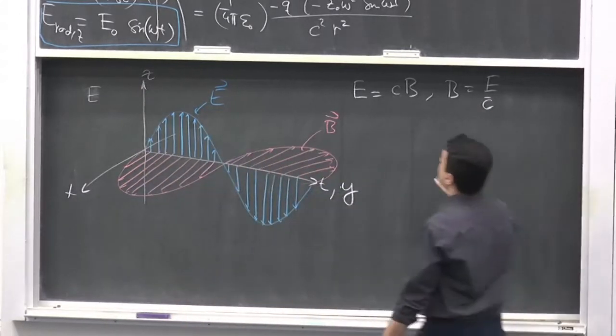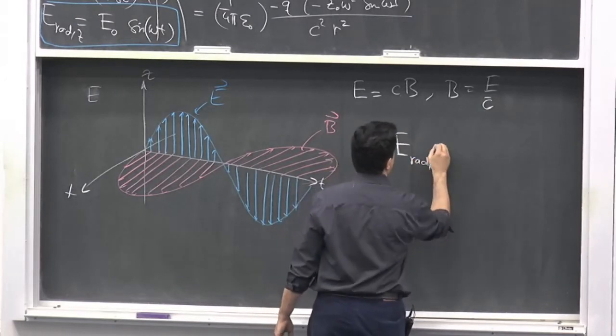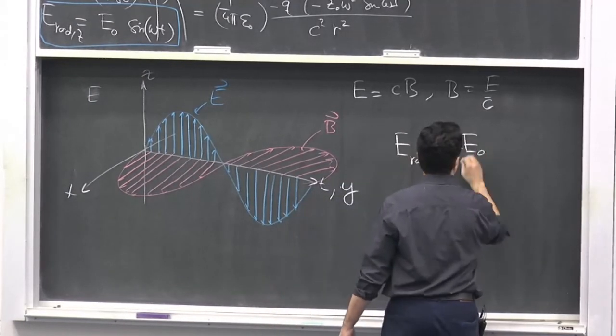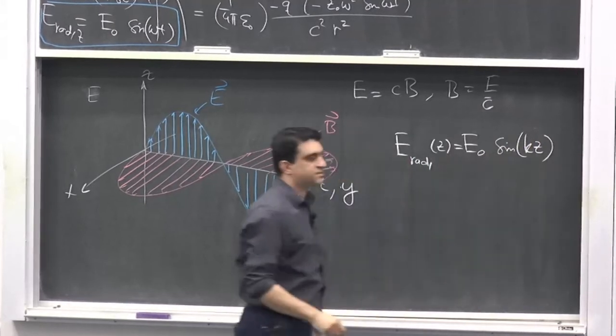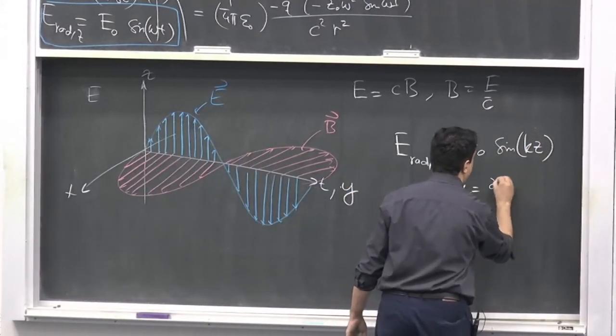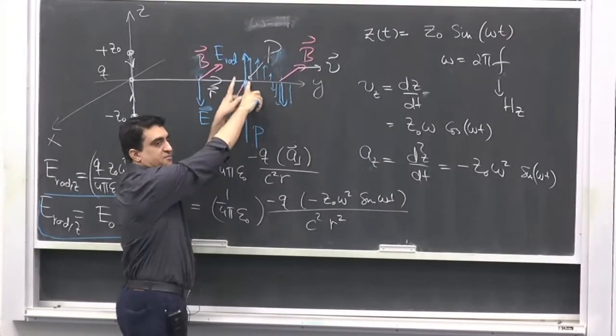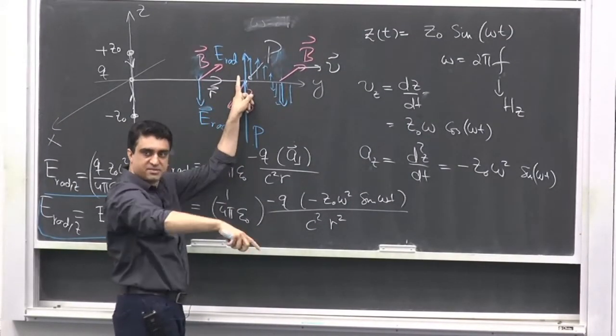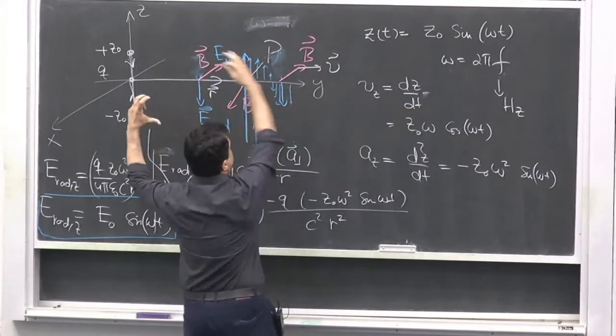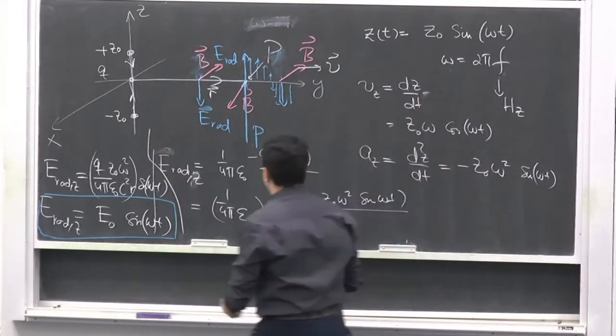So 1/R squared drops off rapidly, 1/R drops off slowly. So what should you expect at very large distances? Let's say I have this accelerating charge and I'm looking at a location far from it. Which field should have stronger contribution?